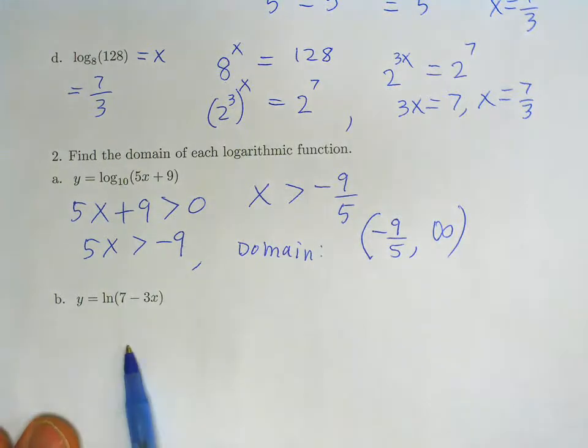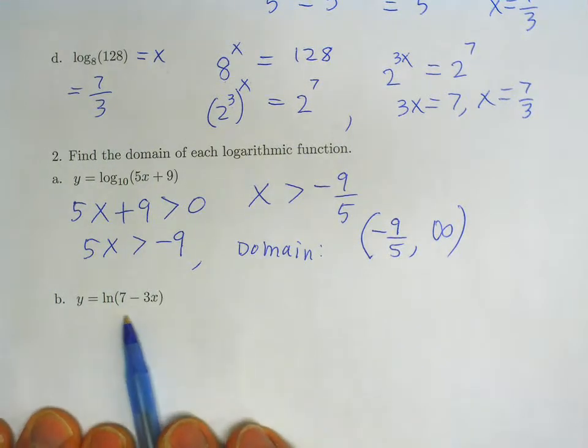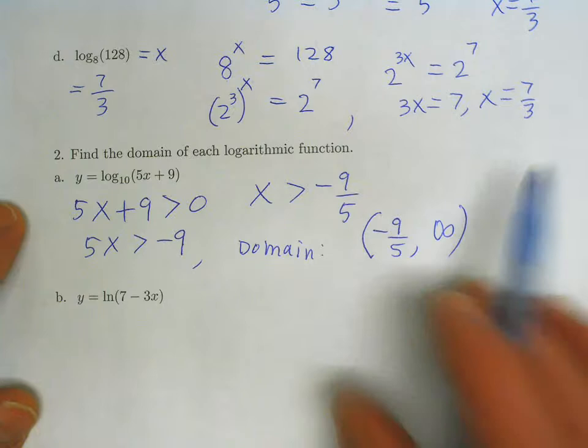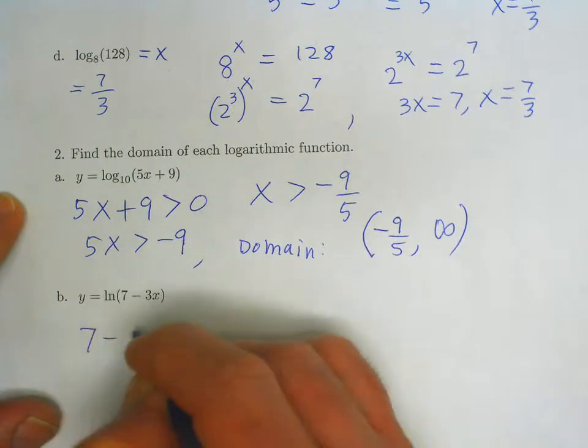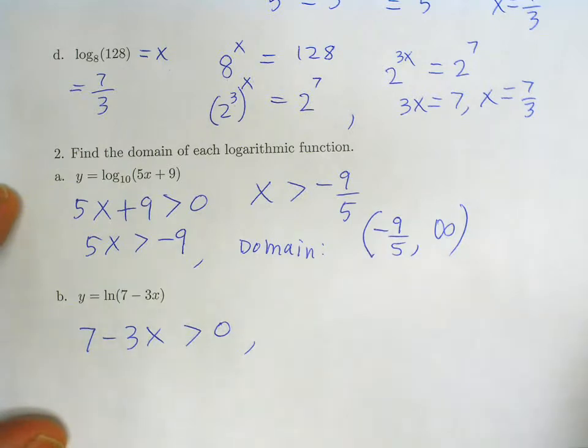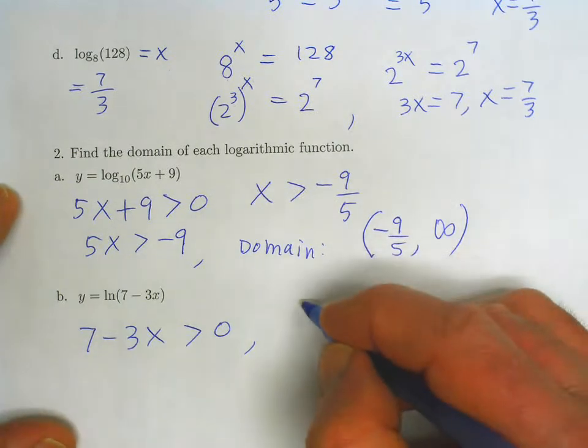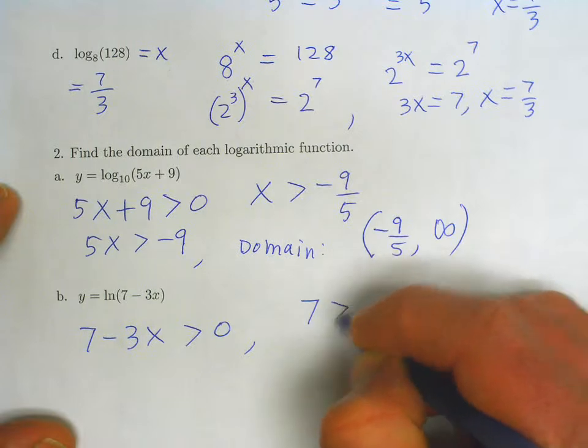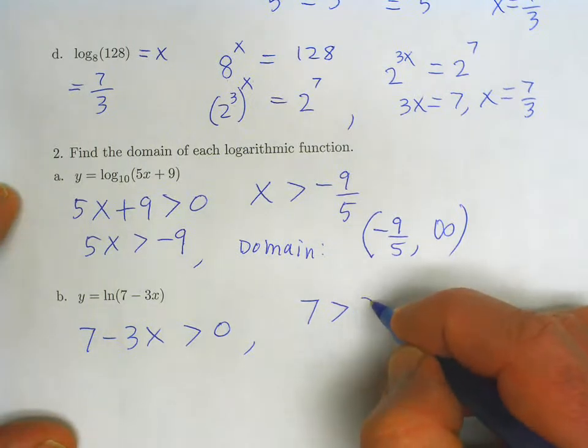And then one more, y equals the natural log of 7 minus 3x. Find the domain, so 7 minus 3x has to be positive. That means it's greater than 0. And 7 has to be greater than 3x.